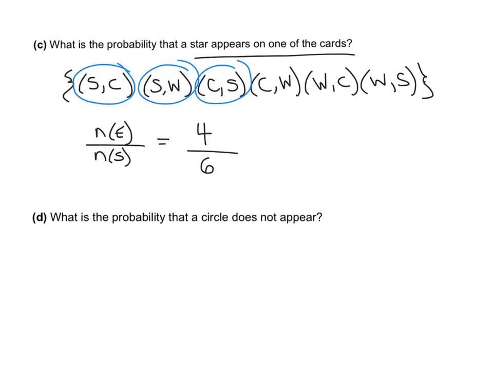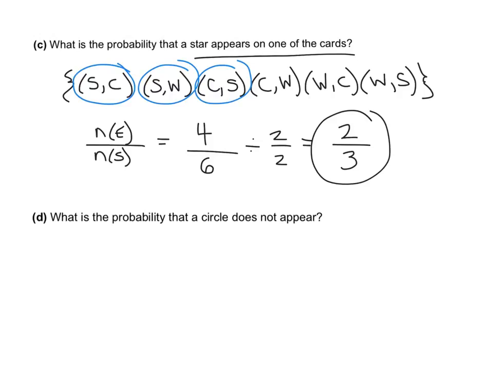Since 4 and 6 are both divisible by 2, I'm going to divide the top and bottom by 2. So 4 divided by 2 is 2, and 6 divided by 2 is 3. So my probability that a star appears on one of the cards is 2/3.